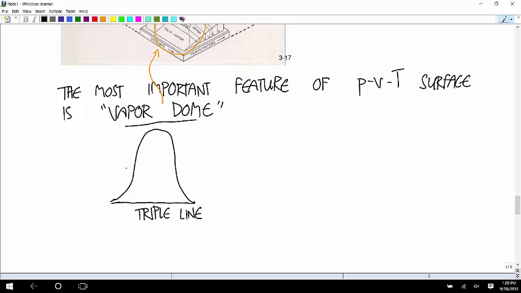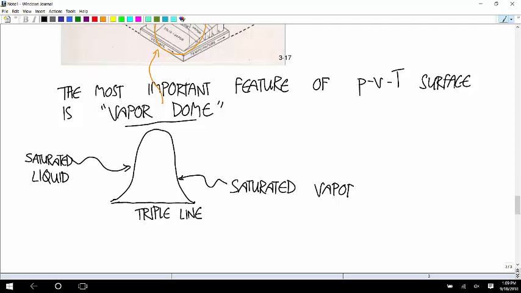On the left side, the boundary here is the saturated liquid. On the right side is saturated vapor. To the left of that saturated liquid line is all liquid.